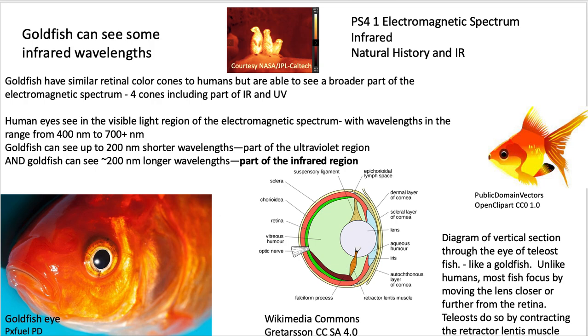And a slightly different way here: humans can only see in the visible light region, but goldfish can see up to 200 nanometers shorter wavelengths, so that's ultraviolet, but 200 nanometers longer wavelengths, part of the infrared region.